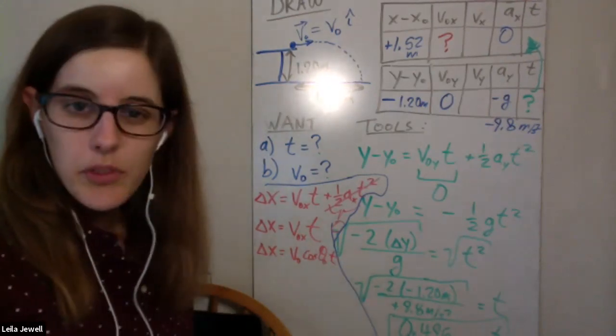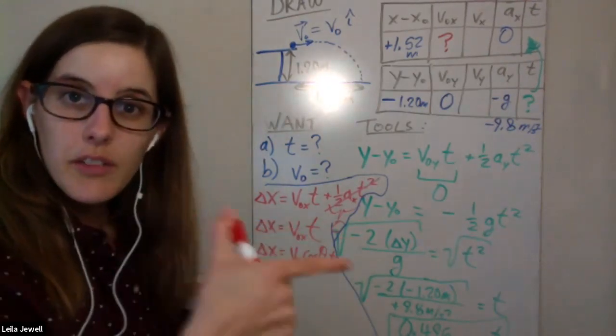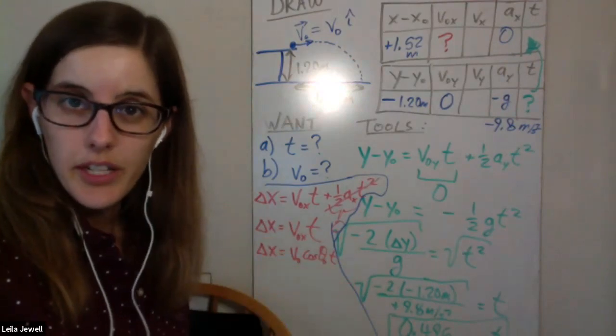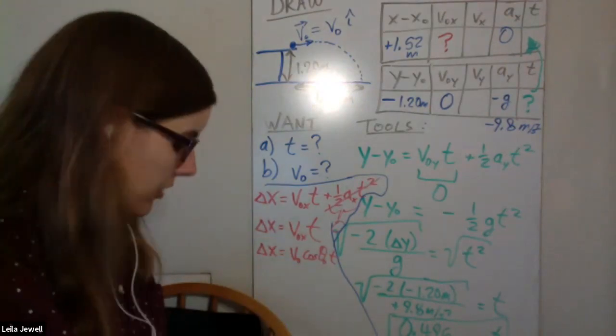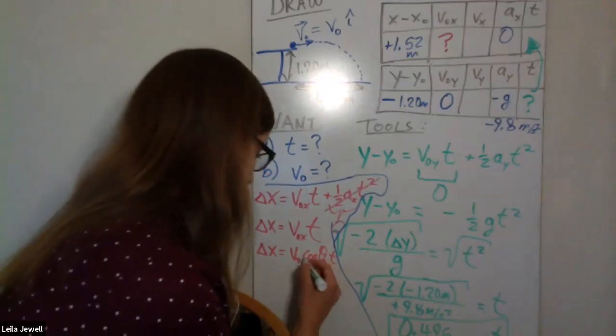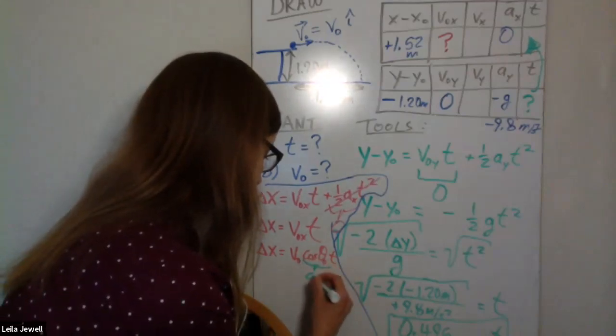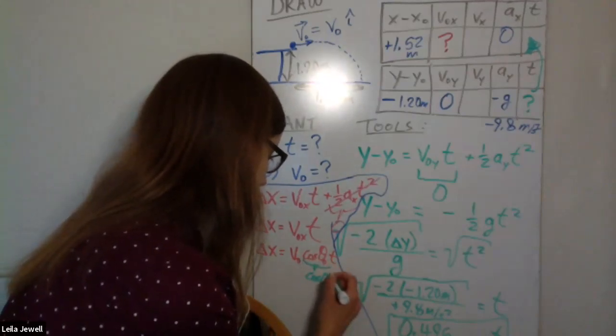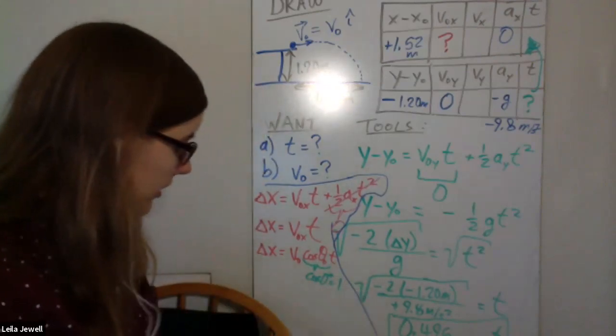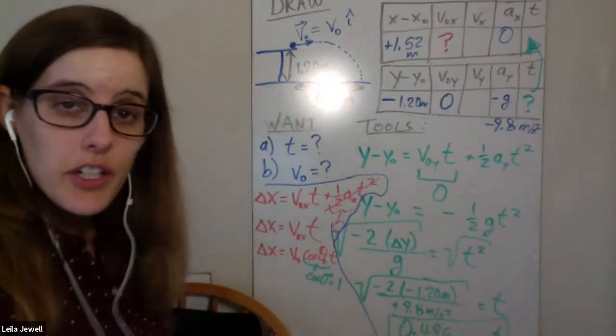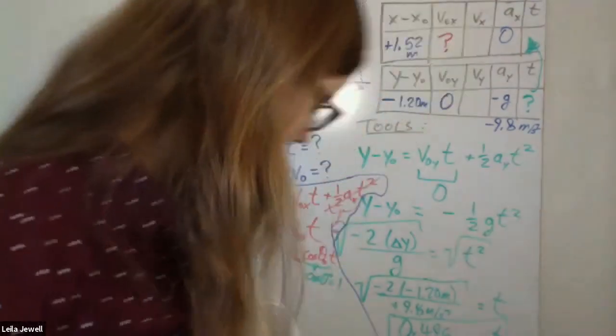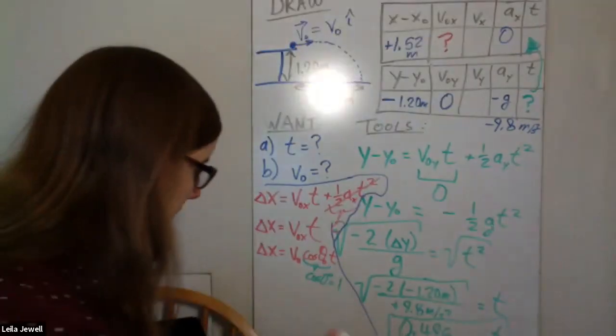And maybe that will help you see that if we're firing it horizontally, what's the angle with respect to the x-axis? It's 0. And what's cosine of 0? That's just 1. So that would disappear.